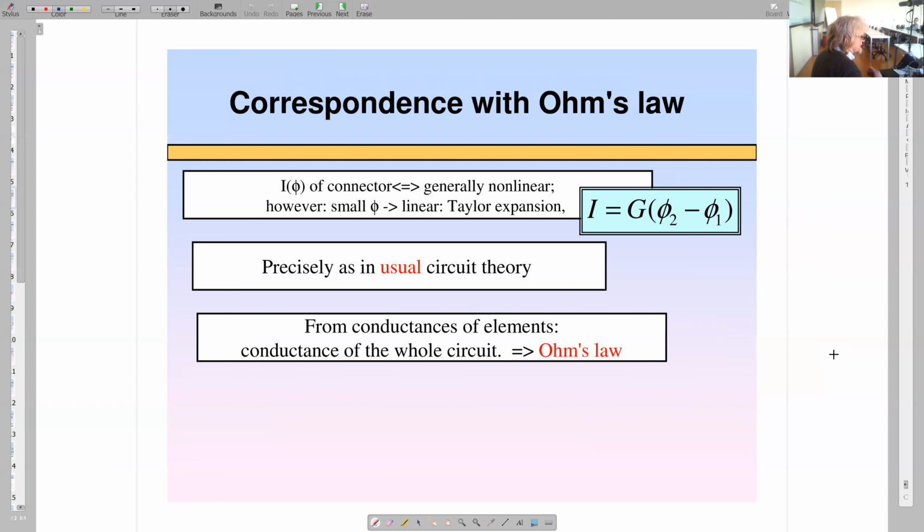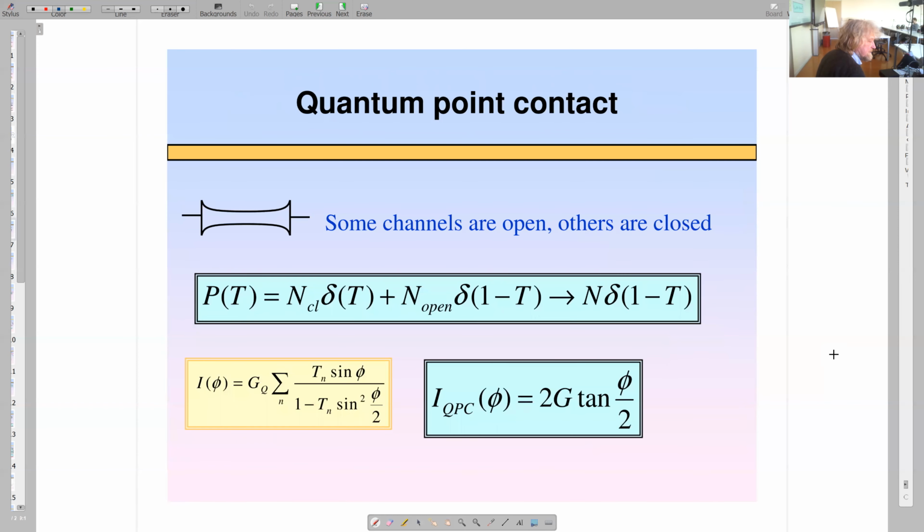As far as electrons which traverse this contact are quantum waves, I can call it quantum. Also, one can see quantization. That will be quantization by small steps at the background of large conductance, but still there will be some quantization. Good, so that was correspondence with Ohm's law.